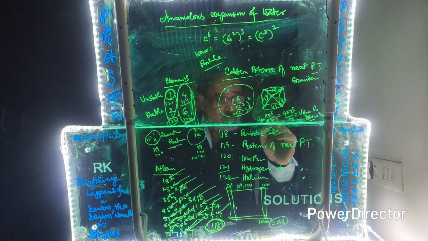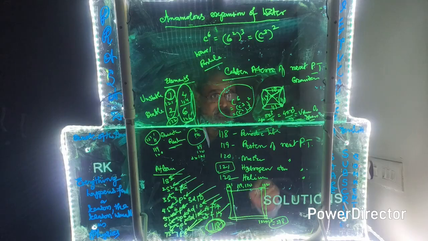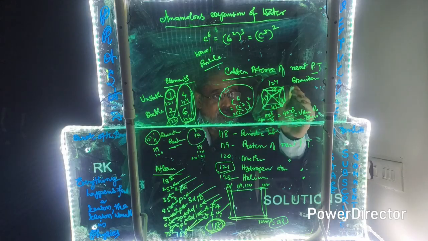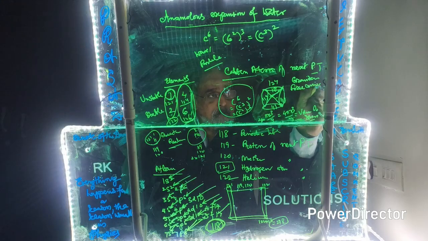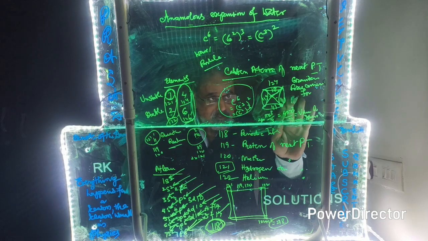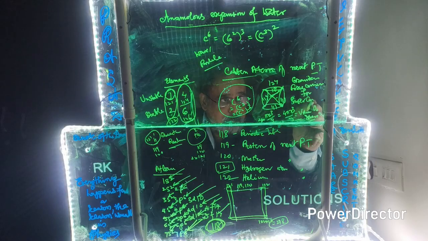You can also say 4 into pi r cubed by 3. Such 4 121s, if you take, will become 124. This 124, I told you, is like the graviton, which is a force carrier for the particle that you can't call the Higgs field, but let us say supercarbon.